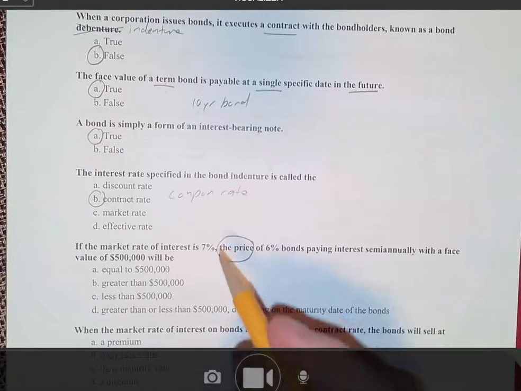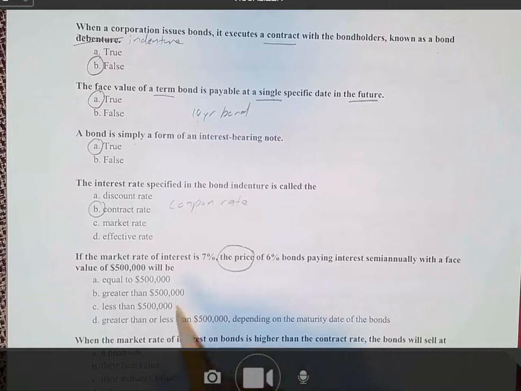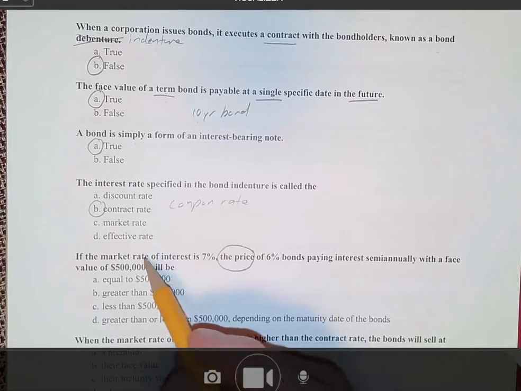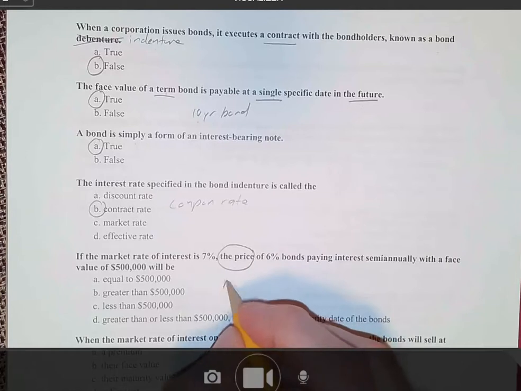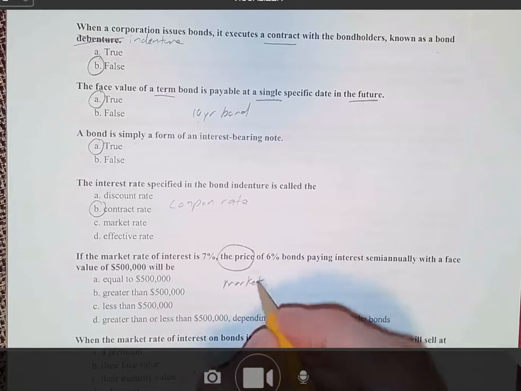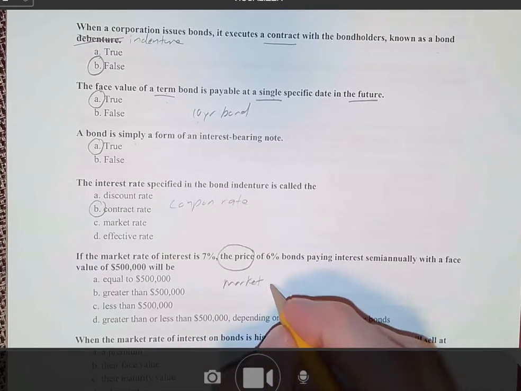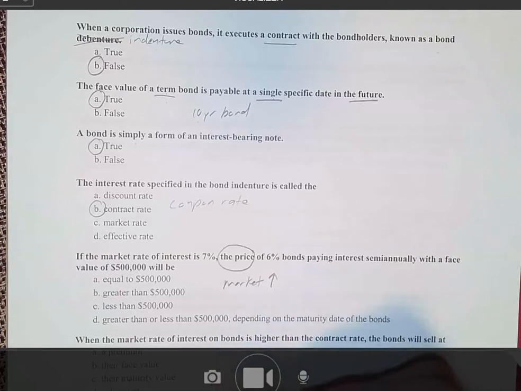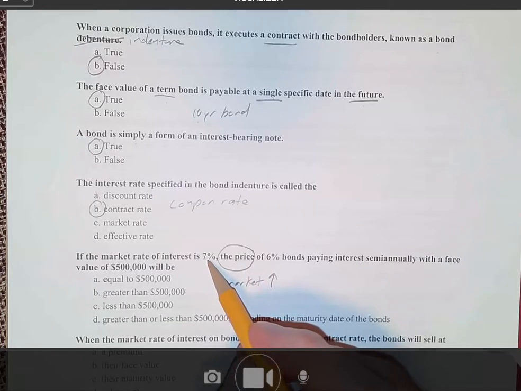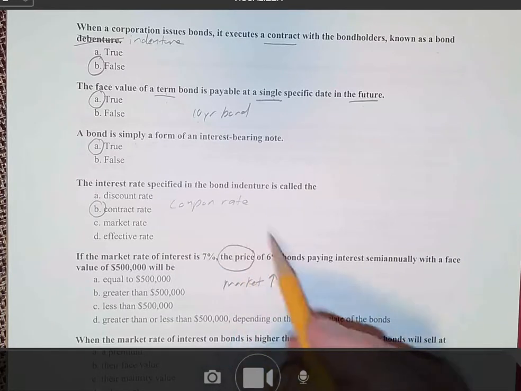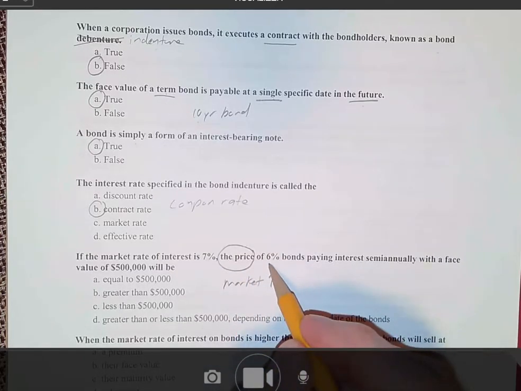So what we learned is that there's an inverse relationship between market rate of interest and bond price. And if we didn't learn that, we need to learn it pretty quick. So when market rate is higher than the bonds, which is the case we have here, 7% market rate of interest for similar bonds, our bonds are paying 6%.